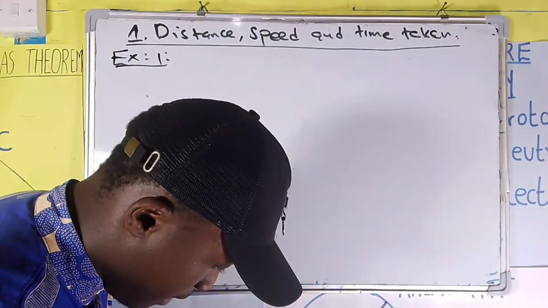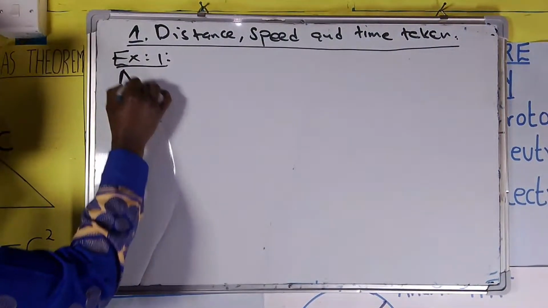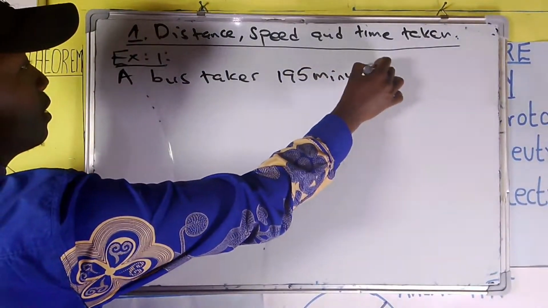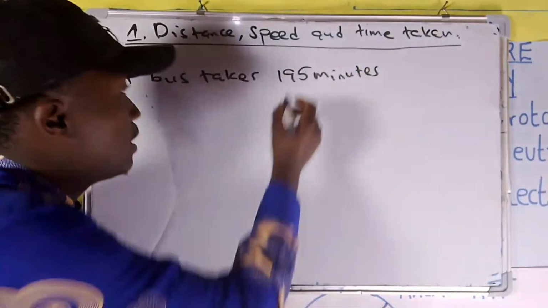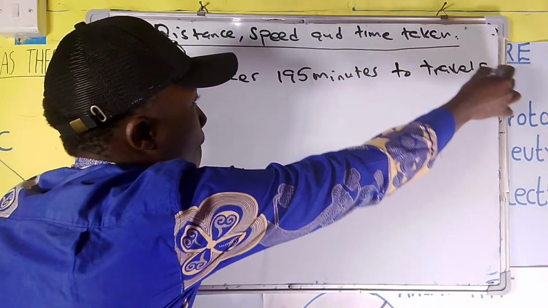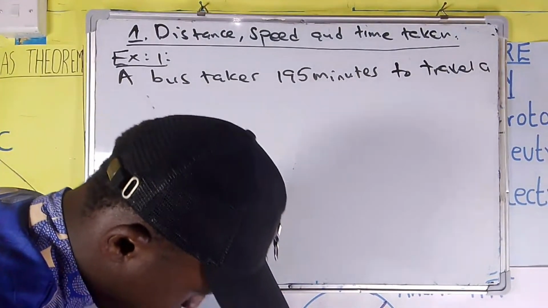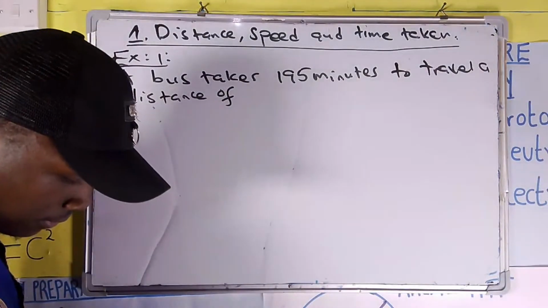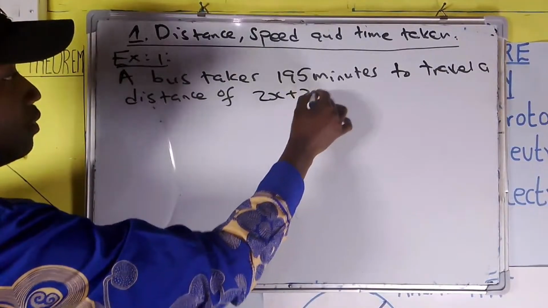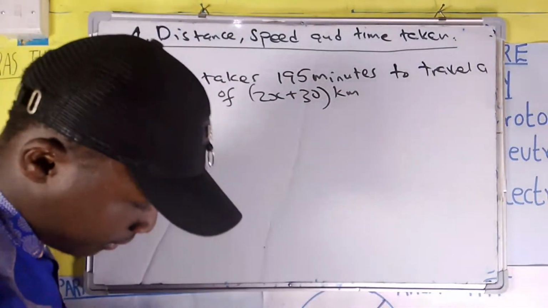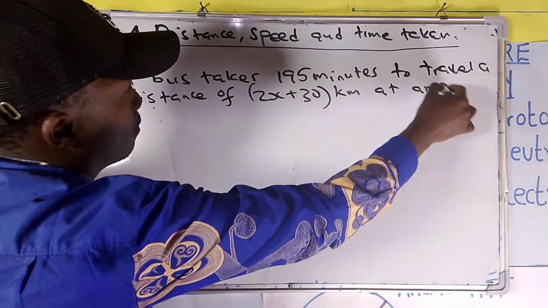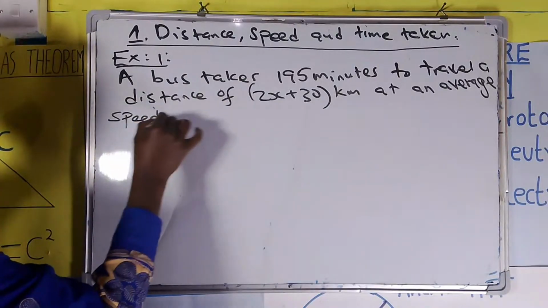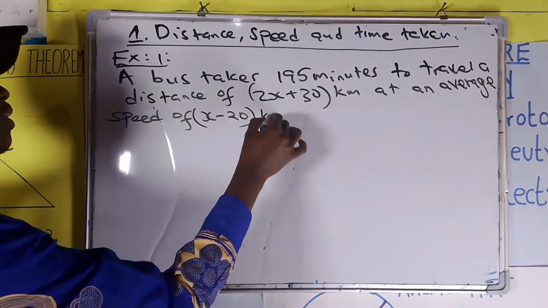Our example is: a bus takes 195 minutes to travel a distance of 2h plus 30 kilometers at an average speed of h minus 20 kilometers per hour.